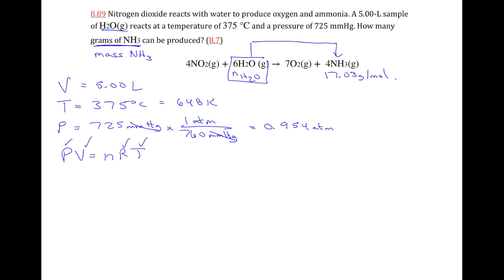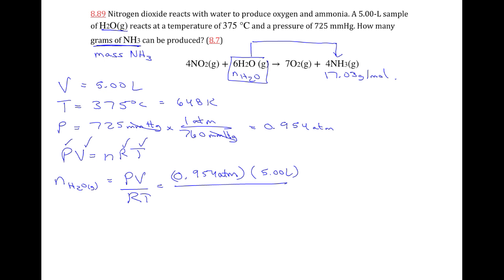So we're going to write down here the number of moles of H2O, and I'm going to put gas here just so we know what we're doing, is going to be equal to PV divided by RT. So let's put in the numbers. Our pressure is 0.954 atmospheres. Our volume is 5.00 liters.